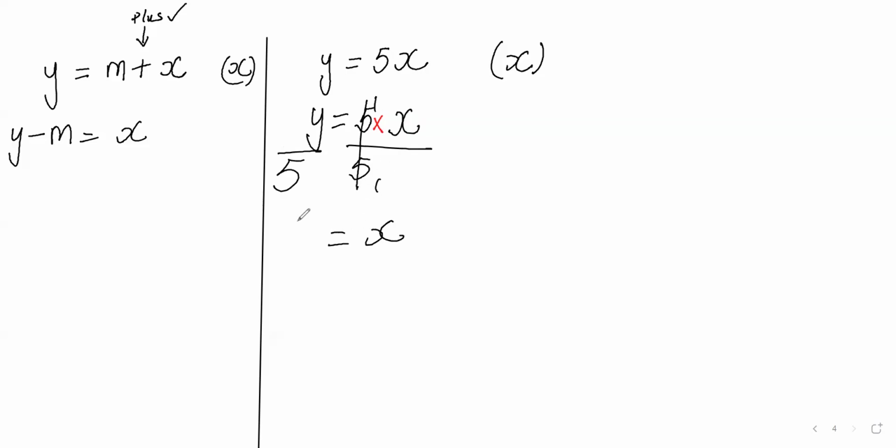So x is equal to y over 5. Is that okay, everybody? Anybody lost? Now, this is where you have to pay close attention so you don't lose out. Now, so we had step 1. So this was step 1.